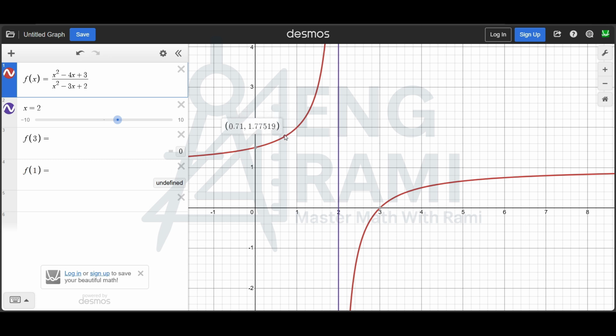As you can see, here it's closed, but if you go to 1, it will change the color and give you an empty circle, undefined, since it is a hole at x equals 1. So x - 1 is a factor in the denominator.